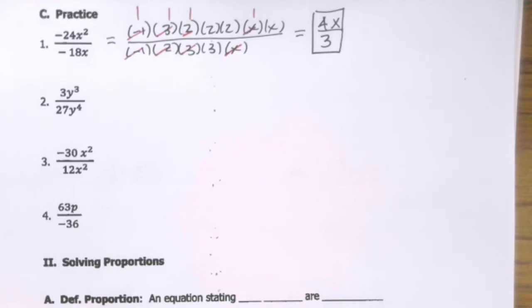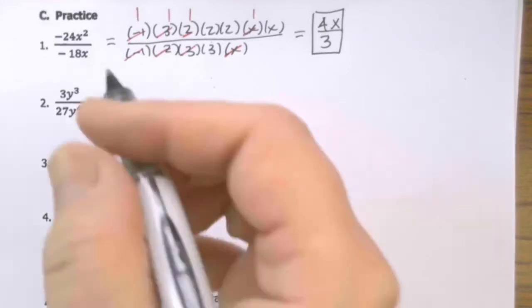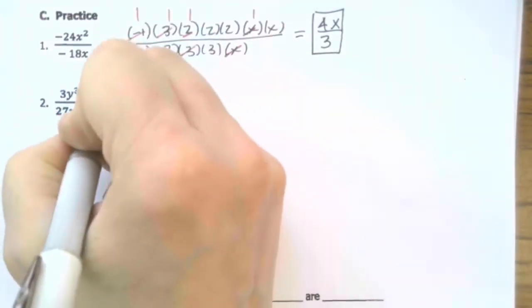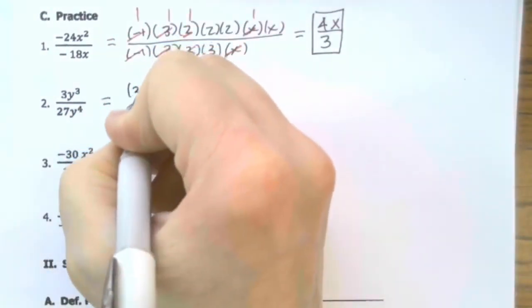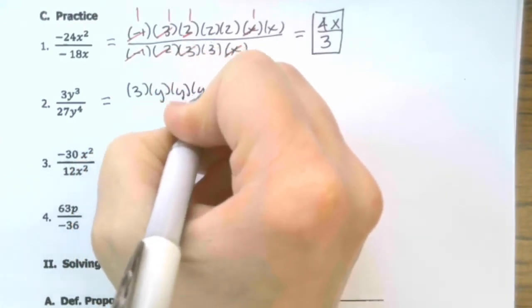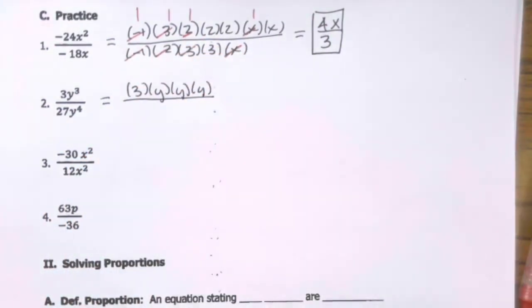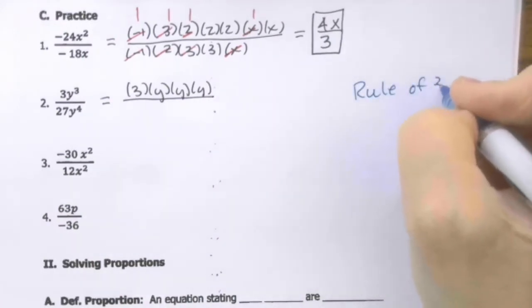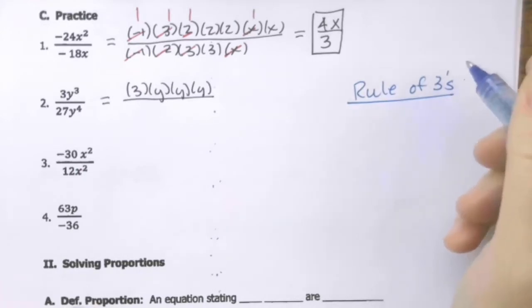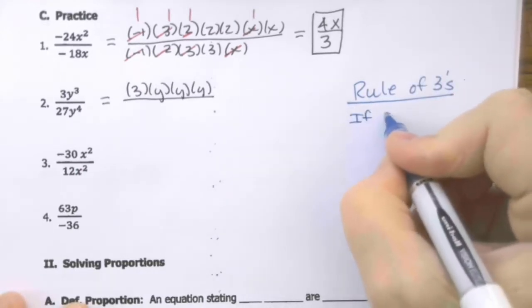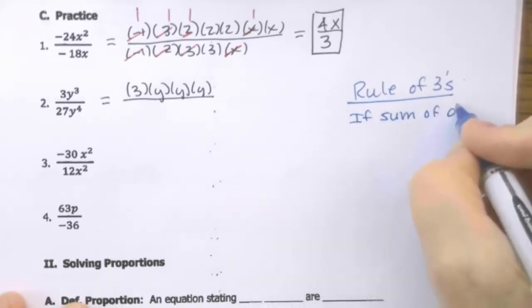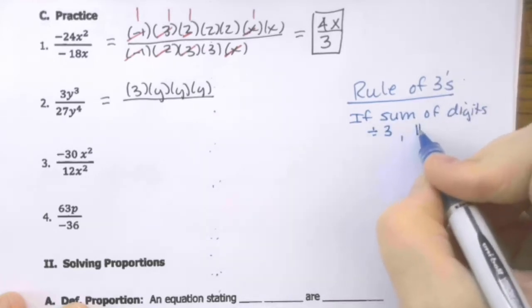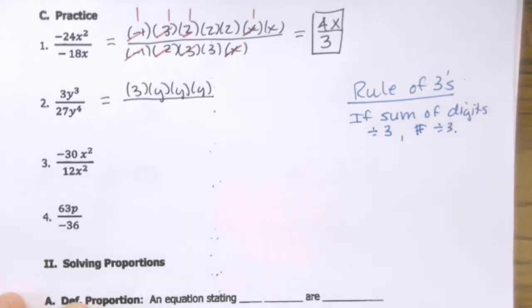All right, now we are back. So 3y cubed over 27y to the 4th. 3y cubed is pretty simple, 3 and then y. 27 sometimes gives people trouble, so I want to remind you of the rule of threes, which says if the sum of the digits is divisible by 3, the number is divisible by 3.